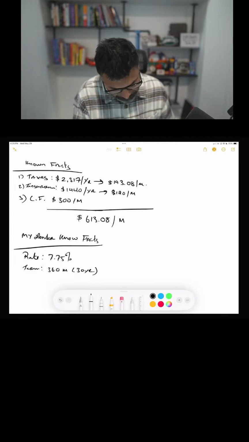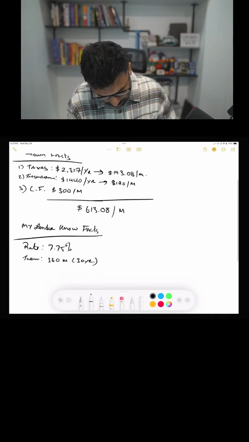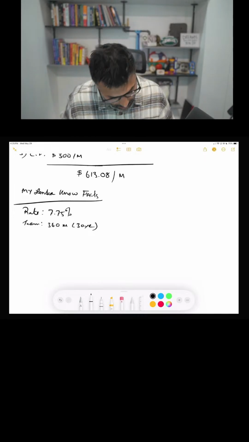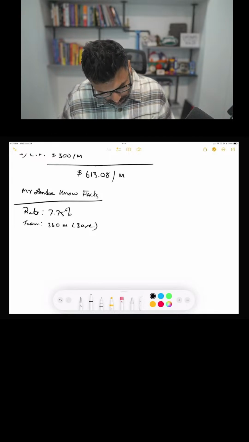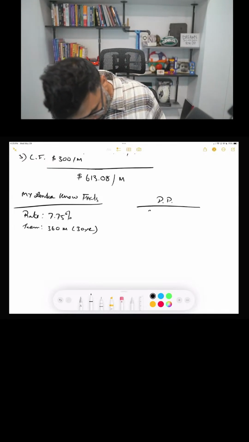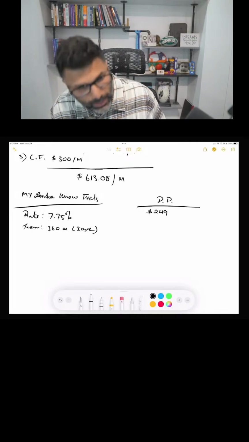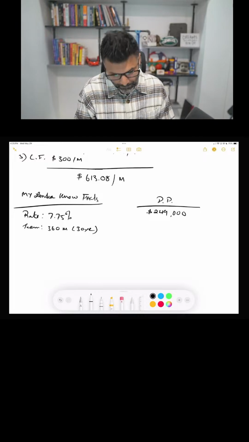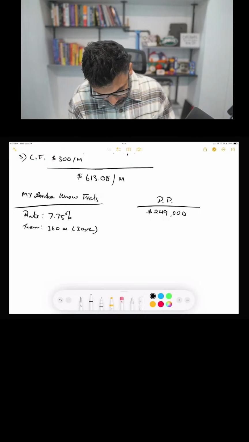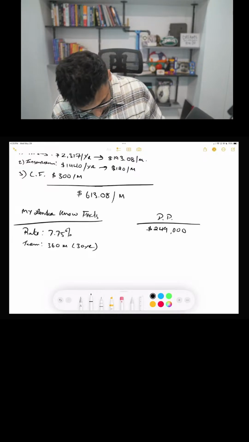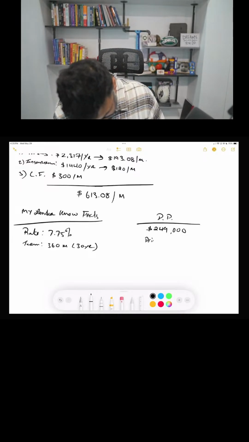Okay, the purchase price on this property right now is $249,000. Got it? Okay. So now this purchase price, when I get a mortgage, I'm going to pay principal.